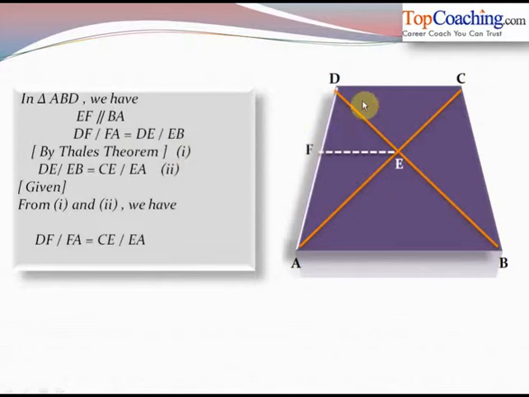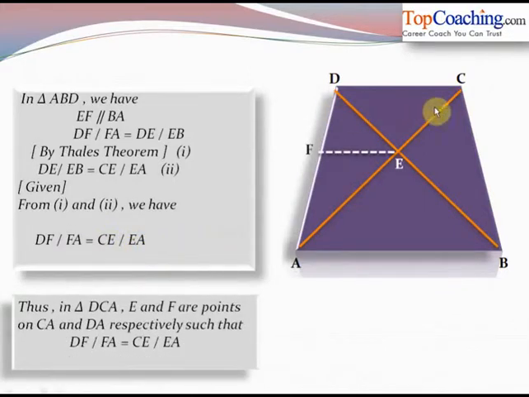Also we have been given that DE by EB is equal to CE by EA. So from equation 1 and equation 2, we get DF by FA equal to CE by EA.